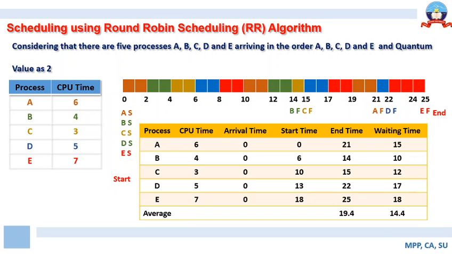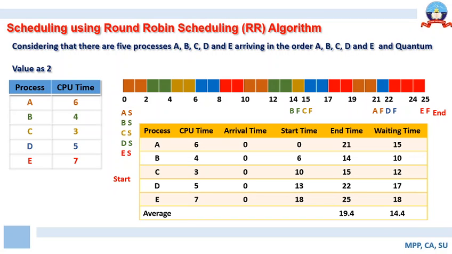From 14 to 15 C is allotted, but C requires only 1 unit of time, so C executes from 14 to 15 and completes by 15. From 15 to 17 D gets its chance, and from 17 to 19 E executes. From 19 to 21 A executes, and A finishes at 21.